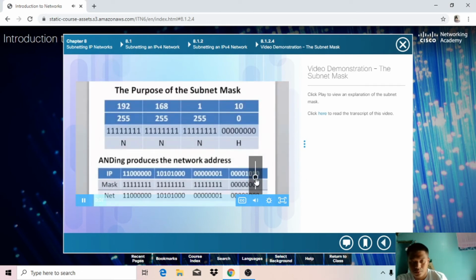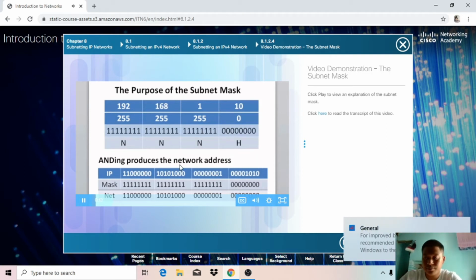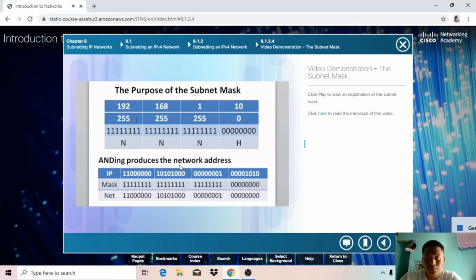Point out that subnetting makes sense from the binary perspective. In other words, when we take the IP address and the subnet mask and convert them to binary, I have the IP address on this row and the subnet mask on this row, converted to binary, the computer and the router are able to logically AND, or combine, the IP address and the subnet mask and find the network address.